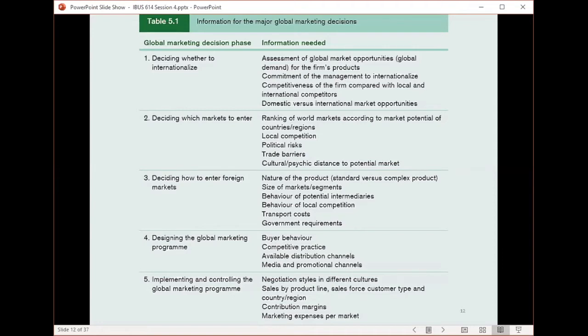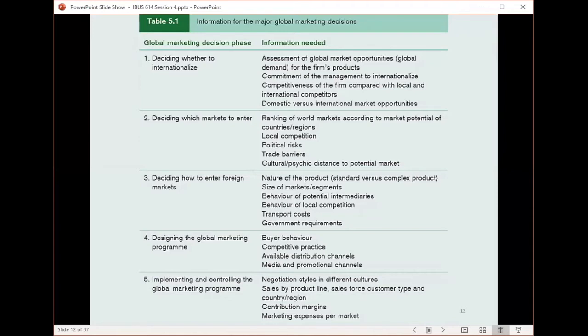We also need to look into the competitiveness of the firm compared with the local and international competitors in the markets that you are hoping to enter into. Once again, such information is not available offhand. You have to embark on an active information search to be able to get information that will give you concrete facts about whether or not your organization is strong enough to compete with the local and international competitors in the market you're trying to enter into.